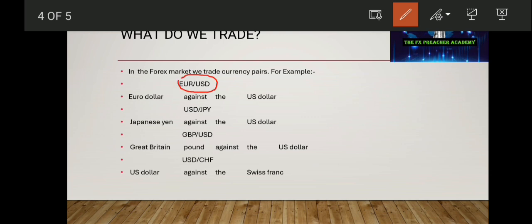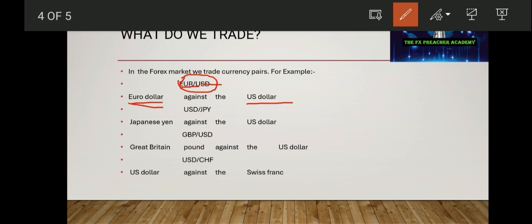This symbol you see here, EUR represents euro, and USD represents the US dollar.